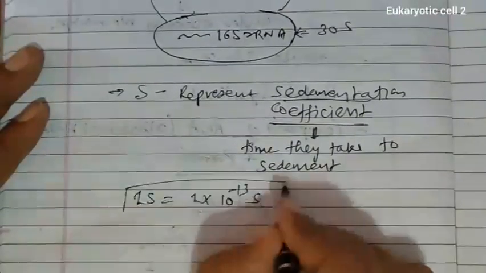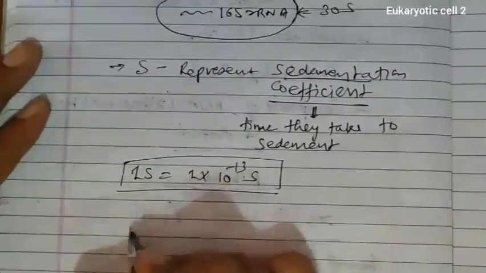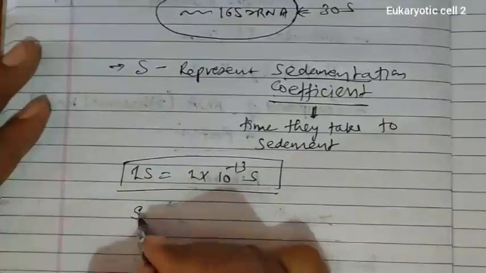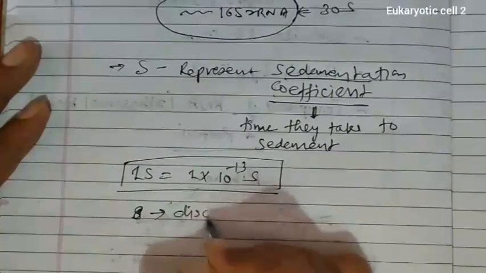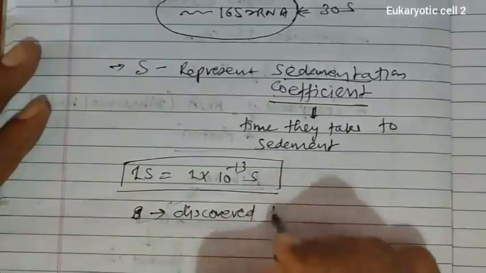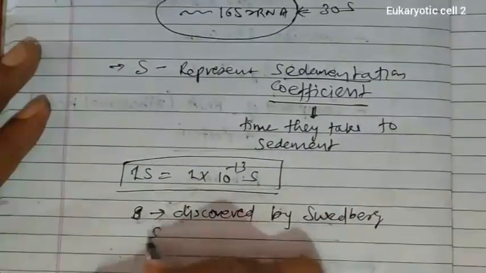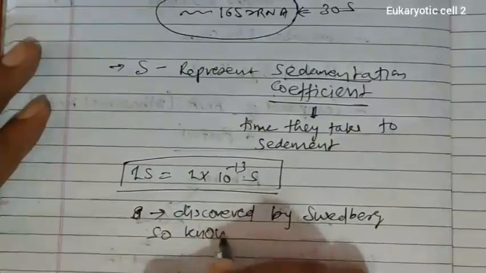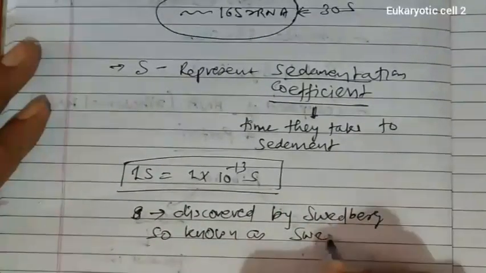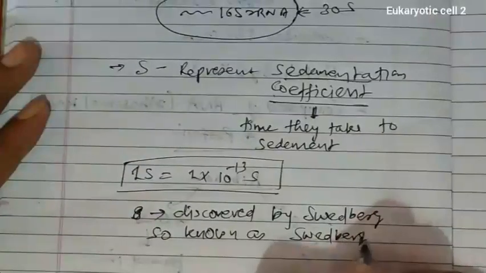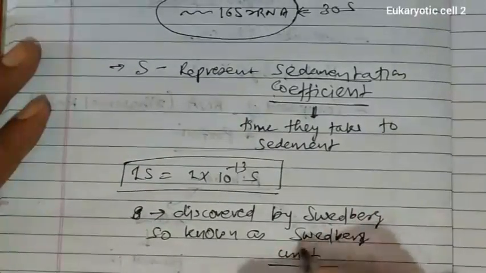And this sedimentation coefficient was discovered by Svedberg, so it is also known as the Svedberg unit.